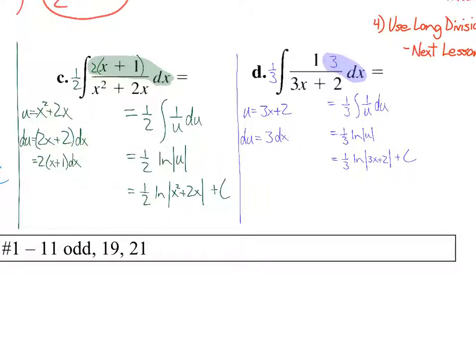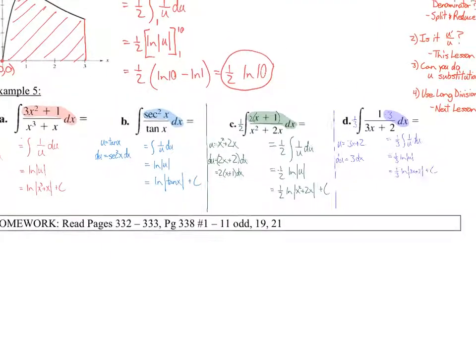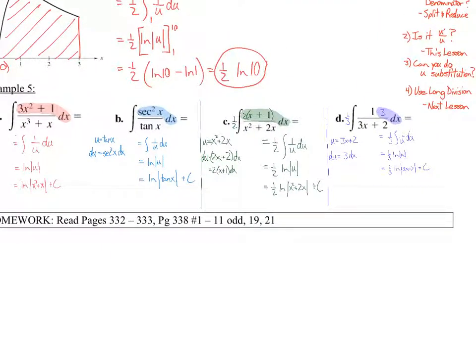Now, one note here, none of these functions were this way, but if you notice that the u you have is always going to be positive anyways, then the absolute value is not necessary.